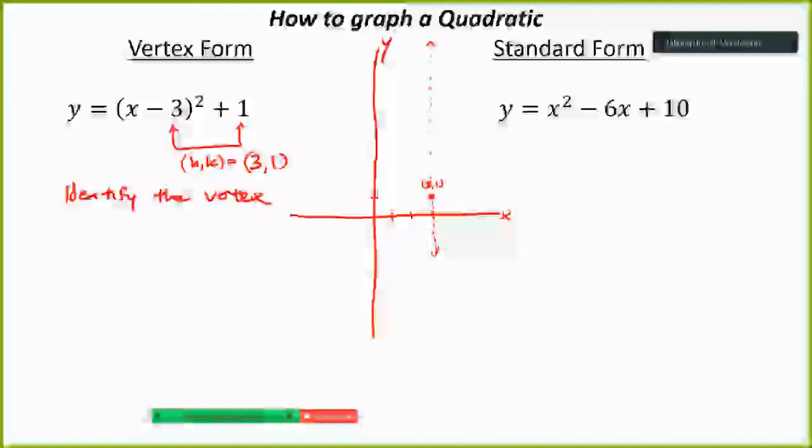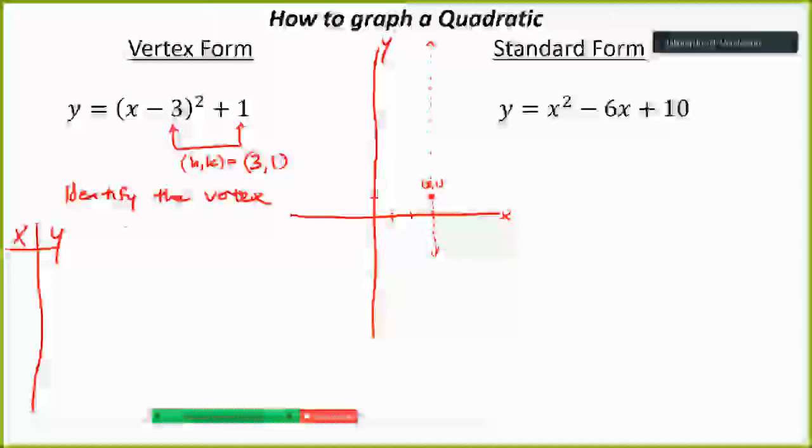So here's what we're going to do next. Back on the left side with our actual equation, we're going to put a couple x values into the function and solve for y. And how do we know which x values to use? We're going to pick a couple x values that are in the neighborhood of 3, whatever h is, because we want to find the points that are around it. So let's make a table here.